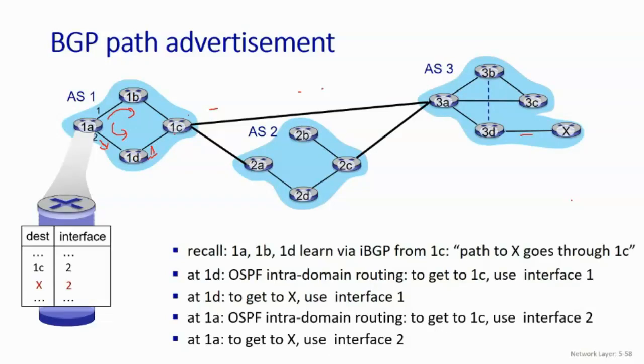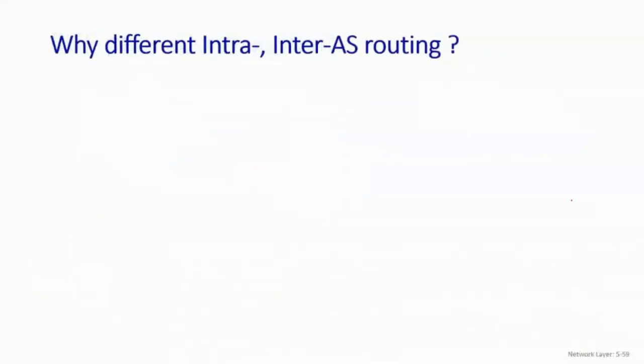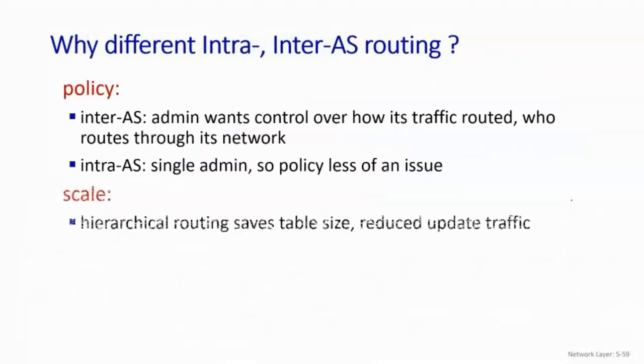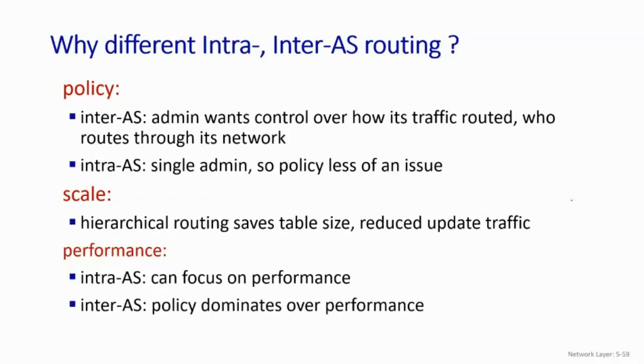Handling the global internet altogether is not possible. The number of entries in the routing table will be very, very high, and dealing with a large number of entries is also time critical. That's why we have different types of routing protocols: inter and intra, interior versus exterior. Handling a very large network is important. From the inter-AS point of view, the performance is the invocation of policy.